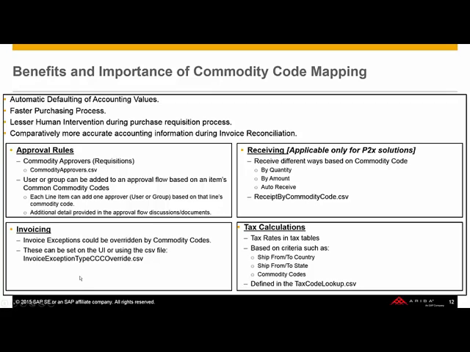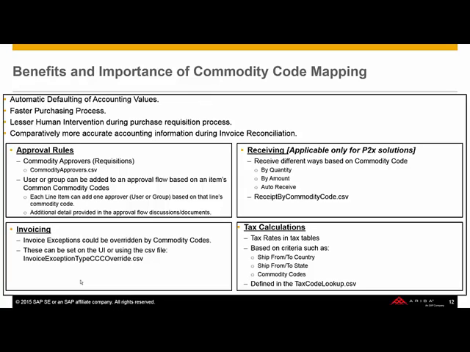On the invoicing side, when an invoice comes into Ariba, it is reconciled. The invoice is compared with its associated purchase order or contract, and also the goods receipts. If we detect any discrepancies, we will trigger invoice exceptions. Those invoice exceptions are standard across the board.